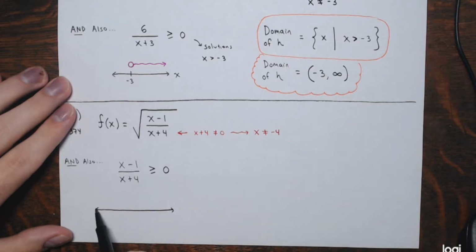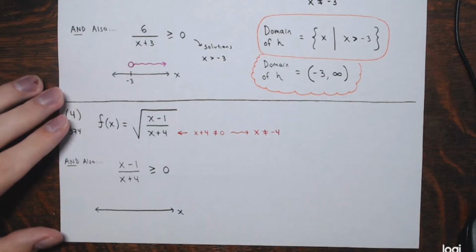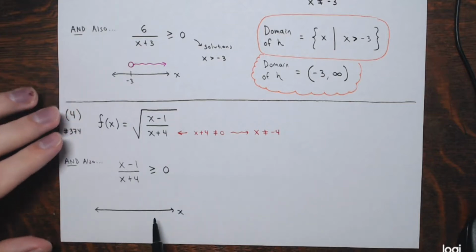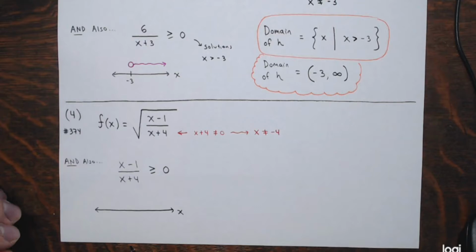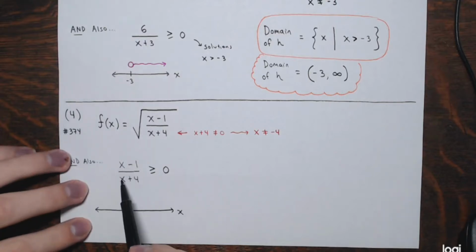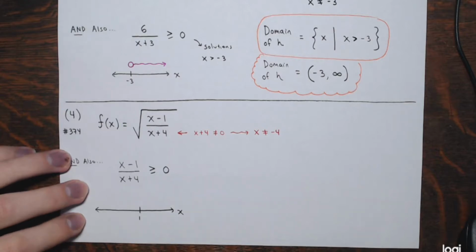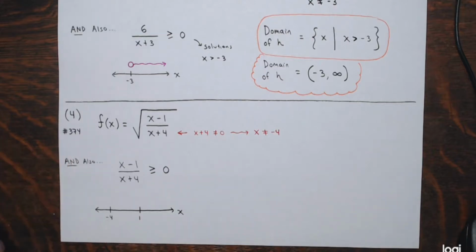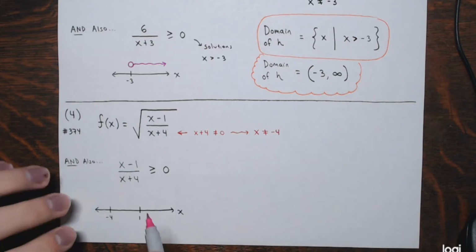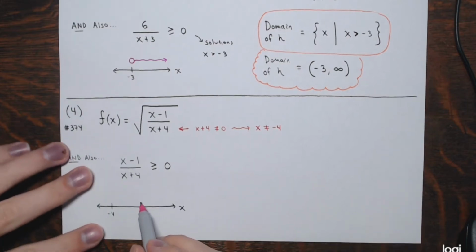This number line represents possible values of x. And on this number line, I'll mark off the critical values. For this fraction, what makes the numerator 0? Well, that would be x equals 1. So I'll mark off 1. And what makes the denominator 0? That would be negative 4, which would be to the left of 1. Now 1 itself is a solution.